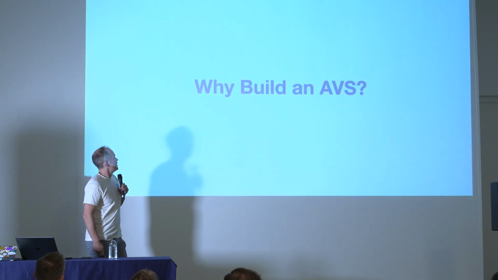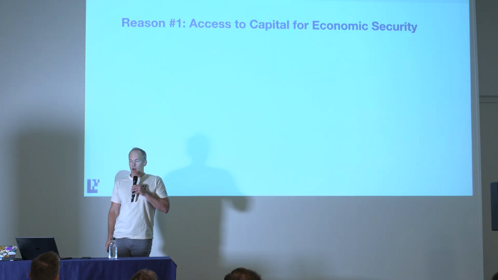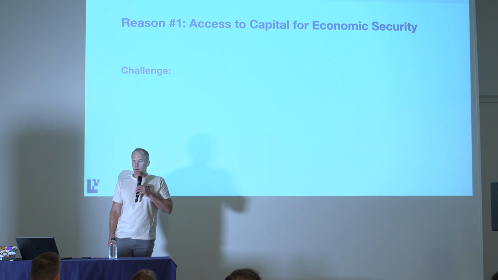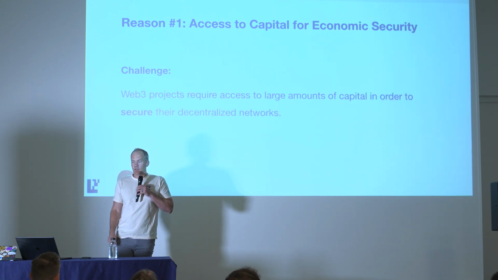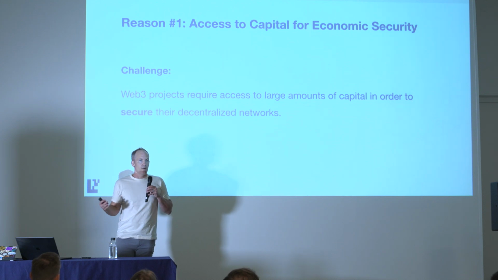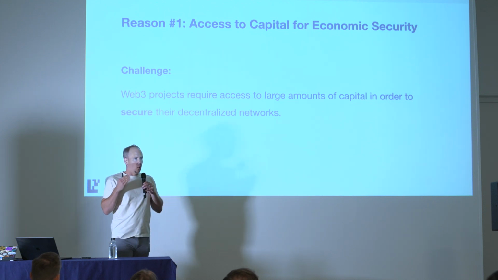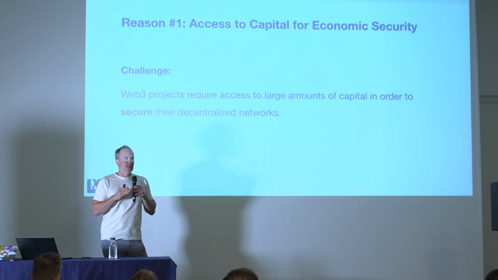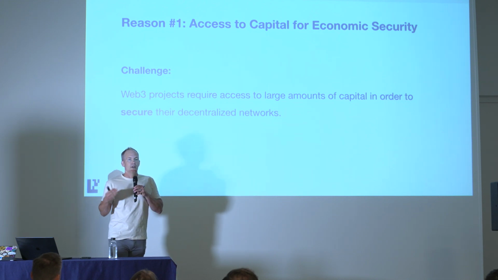All right, so let's just give a quick overview of what EigenLayer is, and why would you even care about building an AVS? There's a couple of common problems in Web3 that we want to be able to help with. The first is access to economic security. People talk about decentralization as a very broad term. One way to quantify decentralization is how secure is your app? How much capital do you have securing your app?